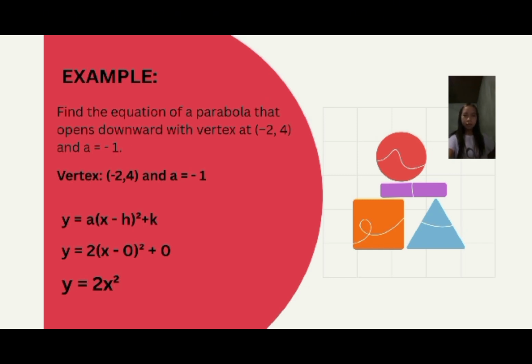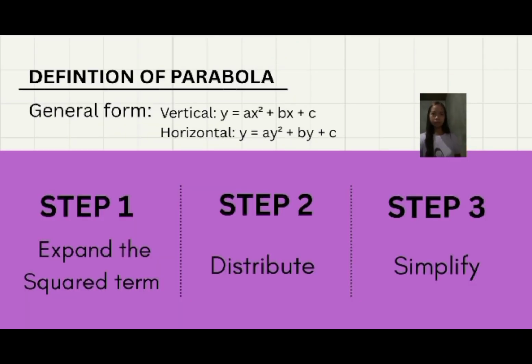Vertex at negative 2 and positive 4, and a equals positive 1. y equals a times x minus h squared plus k. y equals 2 times x minus 0 squared plus 0. y equals 2x squared. General form. Vertical: y equals ax squared plus bx plus c. Horizontal: x equals ay squared plus by plus c.